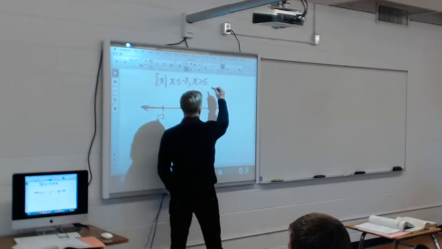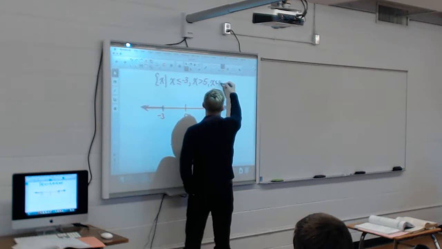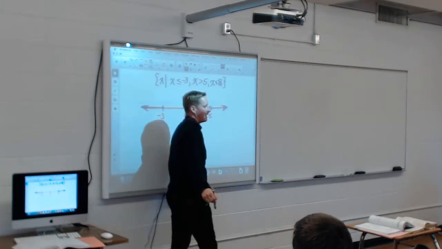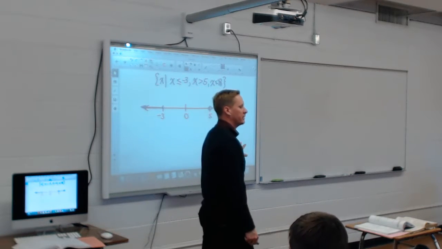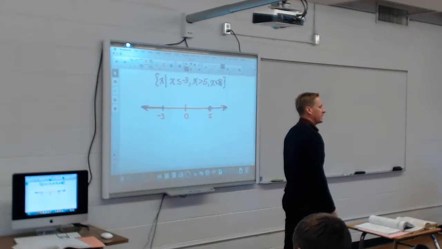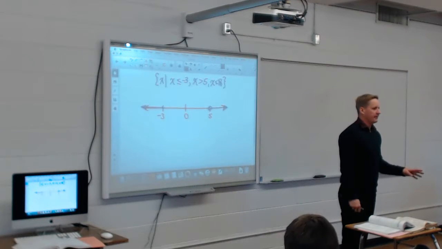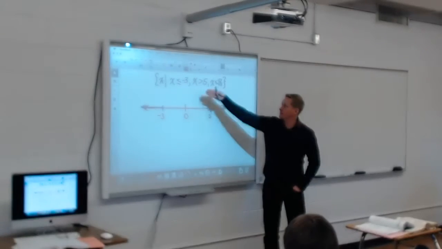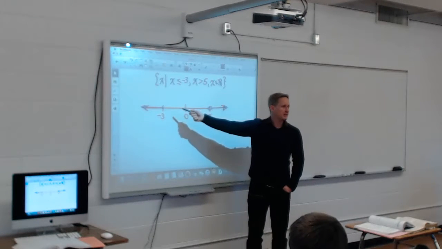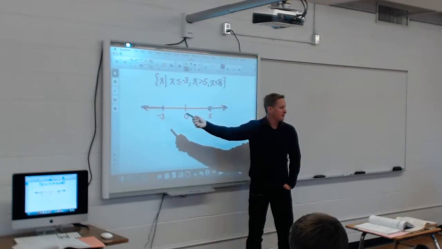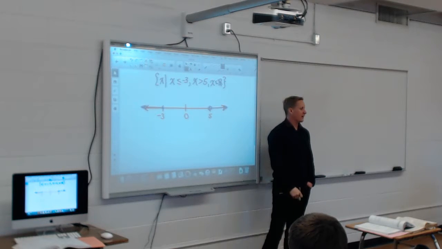And then x is an element of all reals. There you have it. I wouldn't use the other notation for this. I can, and I will show you in a second how to use the other notation. But this is the notation you would use to describe it: x is less than or equal to -3, or x is greater than 5.